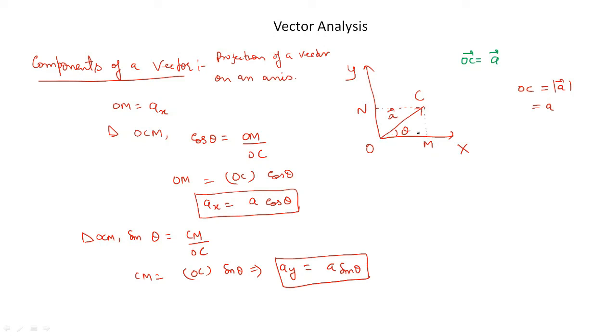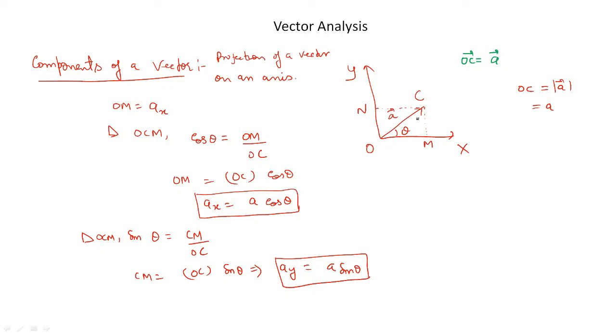Here OM distance is called the component of the resultant vector or vector A along the x-axis. Similarly, I will draw a perpendicular from C to the OY axis. Then ON is called the component of the vector A on the y-axis, and it is represented by AY. Similarly, here OM is represented by AX.